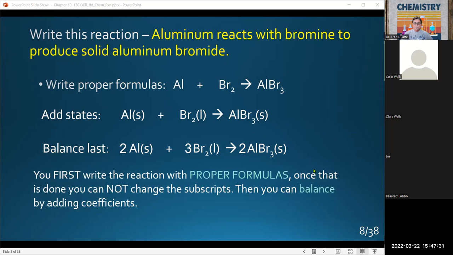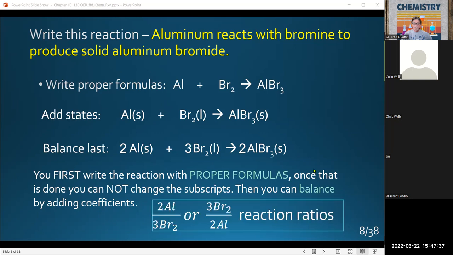Write the proper formulas, and then obviously you don't change the subscripts, and we add the coefficients. It is these coefficients that I stated that you can write and we can utilize to do any calculations. So aluminum to bromine, that relationship is 2-to-3, so we can write it either with aluminum in the numerator or aluminum in the denominator.